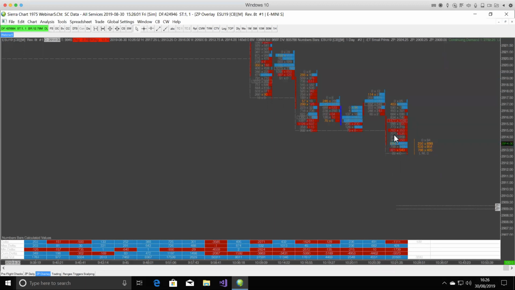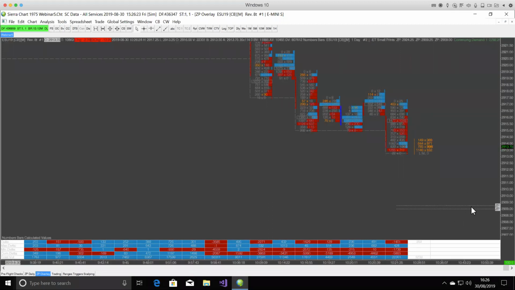So I aim not to clutter my chart with too many horizontal lines. We can just trade off the order flow, but I think it's neat to be aware of the areas that everyone else is looking at, because then we can at least have some awareness of if we're in no man's land, go off and make a cup of coffee. If we're near it, we can start to pay a bit more attention.